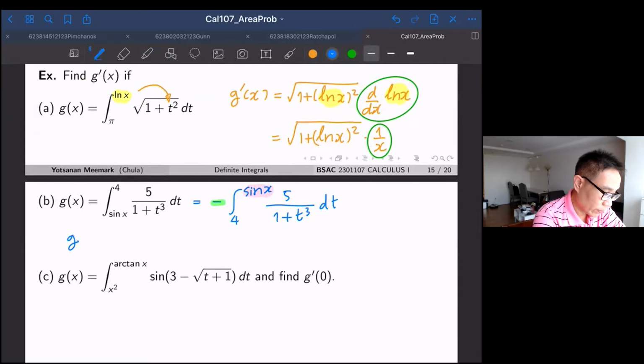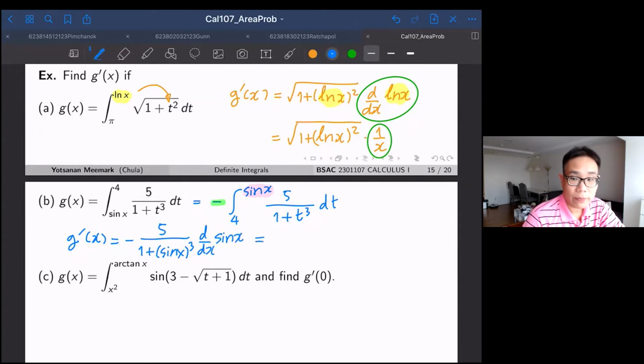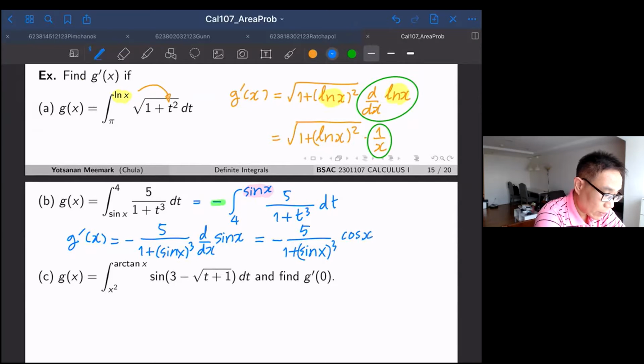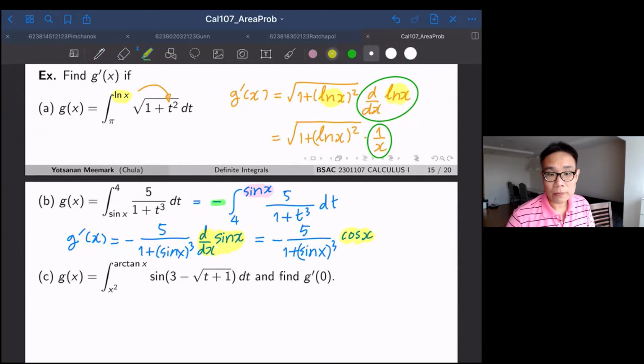So g prime of x: you plug in psi(x) here, so it's negative 5 over 1 plus psi(x) cubed, and you differentiate psi, and you get cos. This is your extra term.